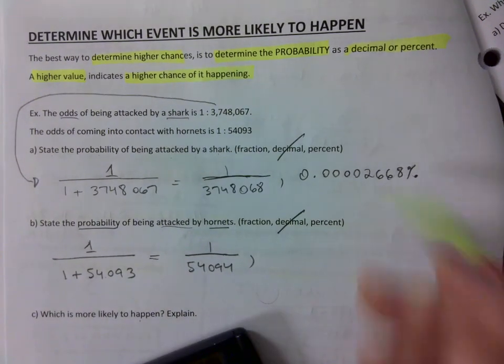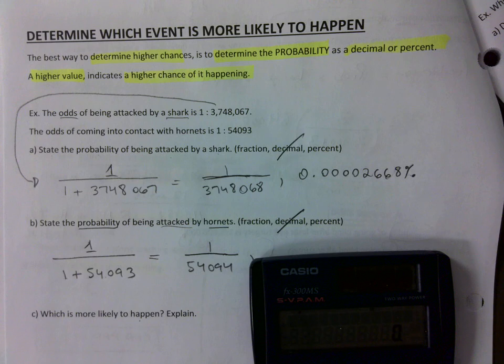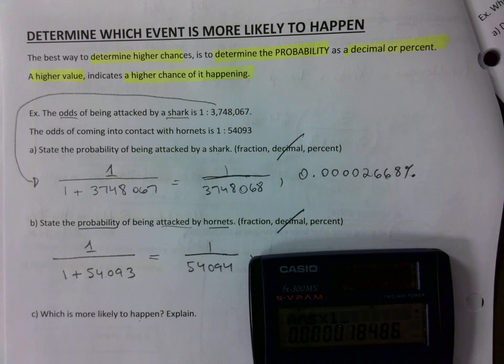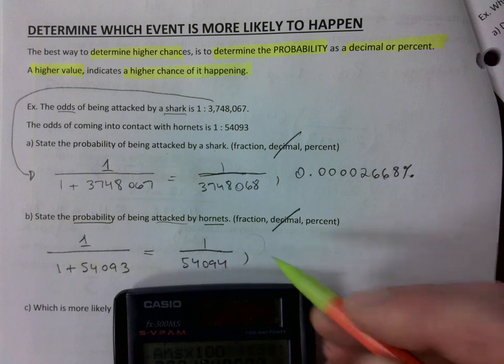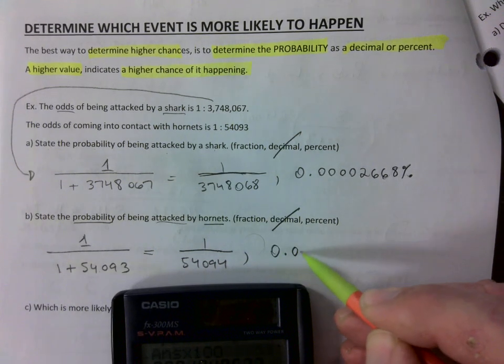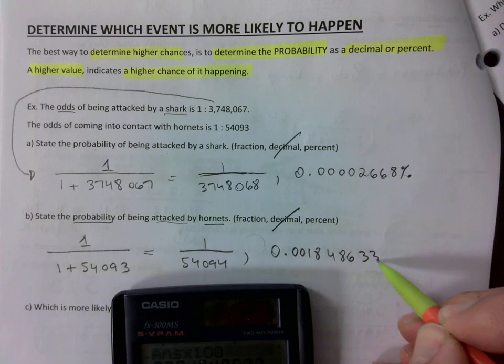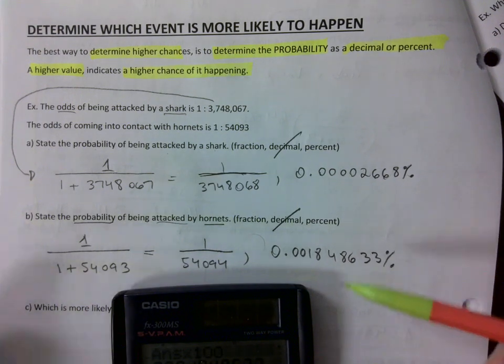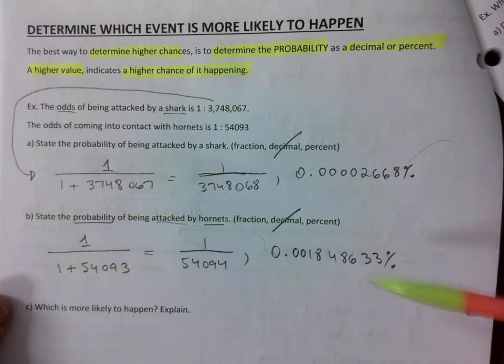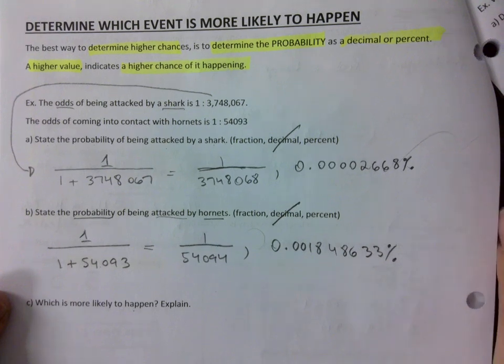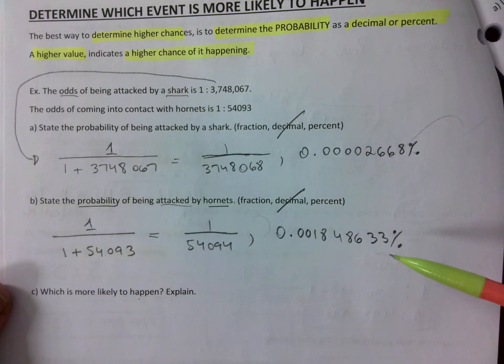We're going to skip the decimal for now. 1 divided by 54094 times 100. That is 0.001848633%. Once you wrote it down, I hope you're okay with these.